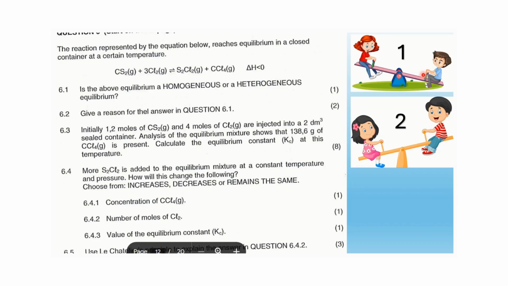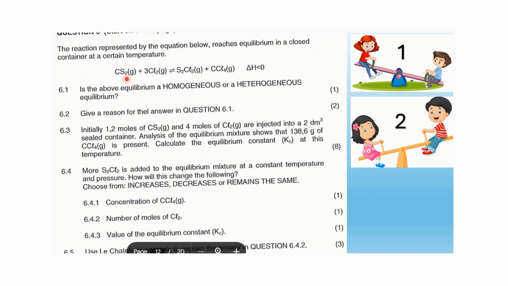Now what will happen? How are we going to apply Le Chatelier's principle? We shift the ball to the left, favoring which reaction? The reverse reaction. When we shift the ball from right to left, whatever is on the left must increase, whatever is on the right must decrease. So if we add more S2Cl2, we are favoring the reverse reaction, meaning that whatever is on the reactant side must increase.